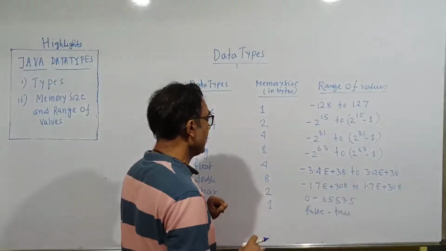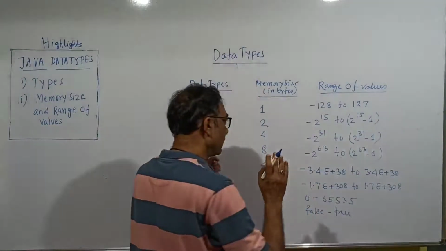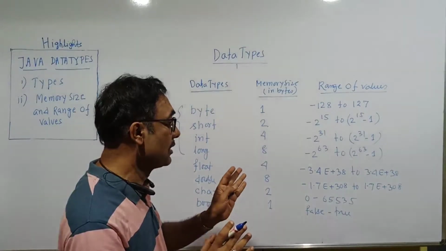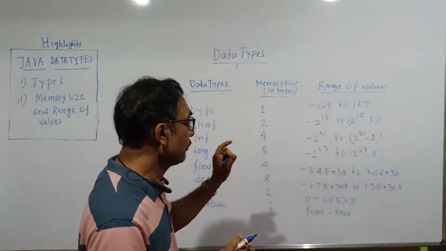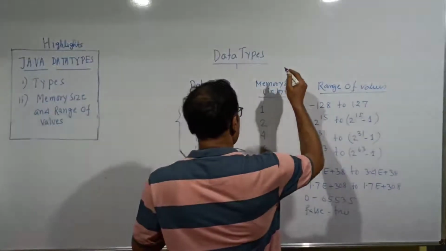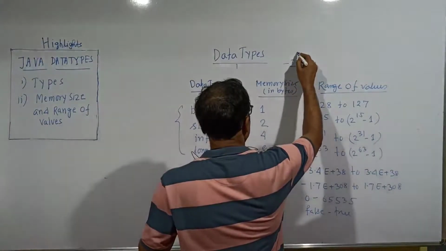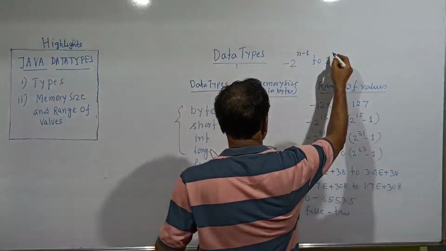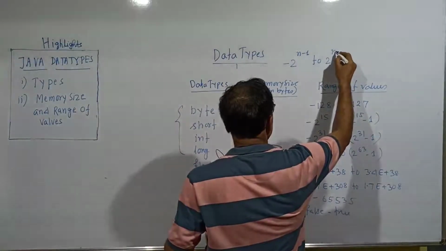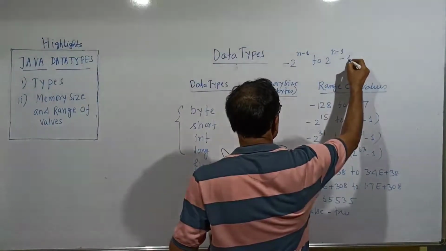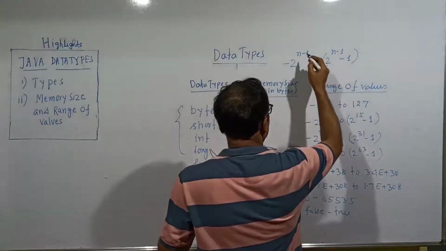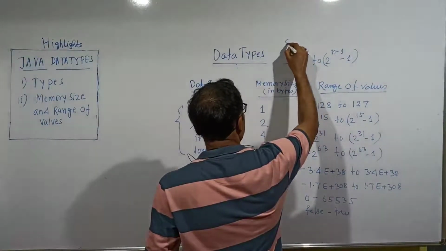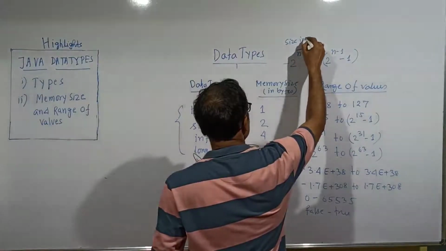So the formula is that the range of integer data types will be using the formula, and the formula is -2 to the power n minus 1 to 2 to the power n minus 1 minus 1. Now what is n? N is the size in bits.